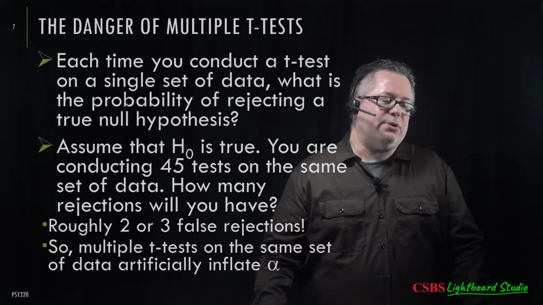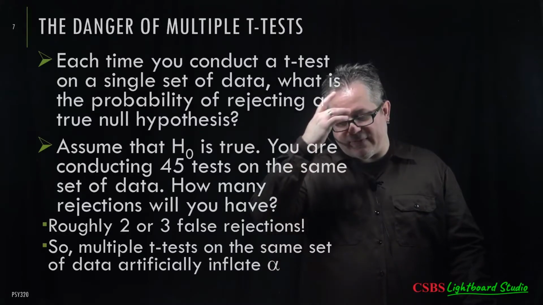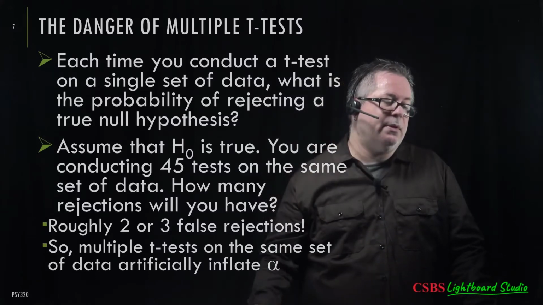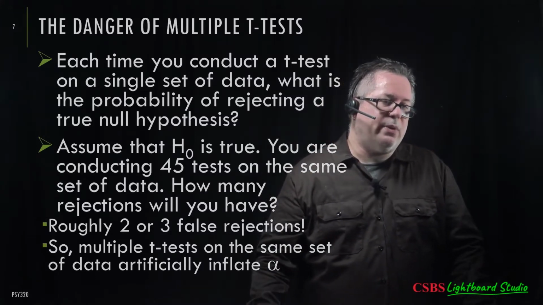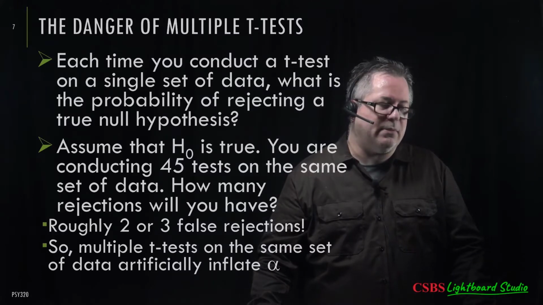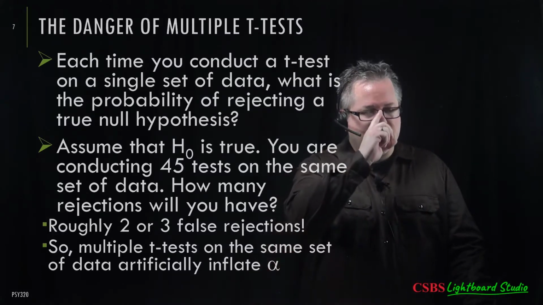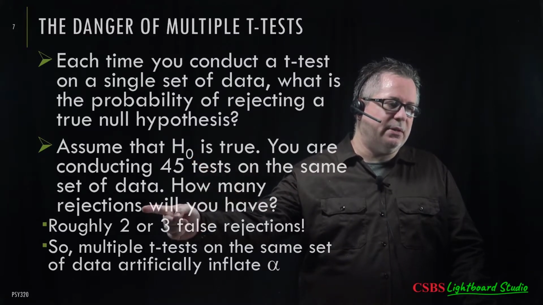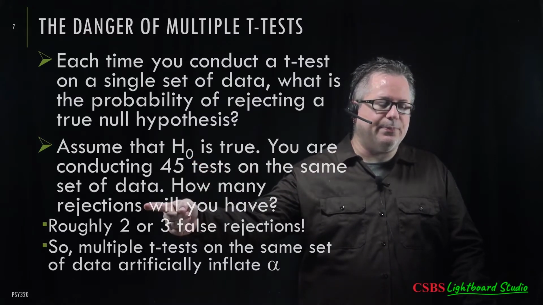So if we assume the null is true and you conduct 45 different t-tests, how many rejections will you have? By that I mean false rejections, right? So the null is true.